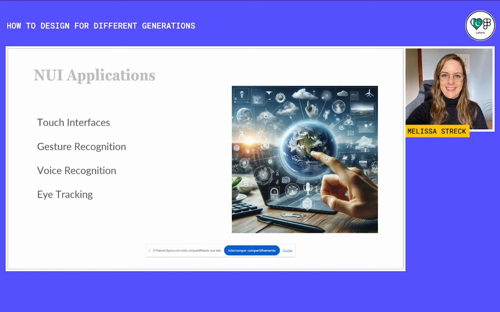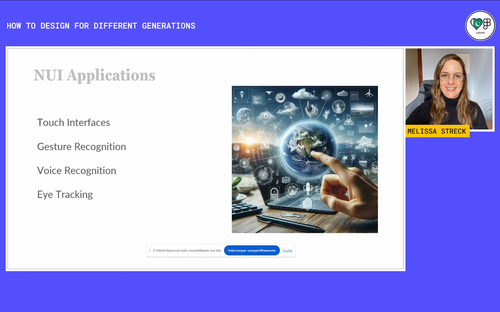It's possible in our smartphones or tablets, but also in our wearables. For example, in smartwatches, we can do some gestures to activate a feature.